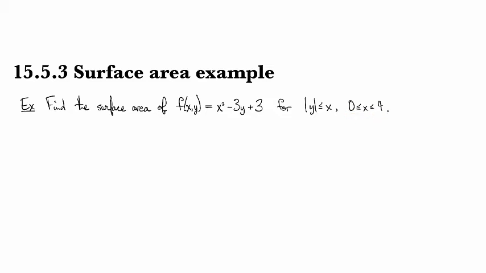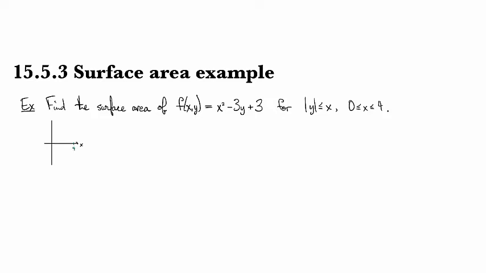So first, it's always nice to get to be friends with your domain. So let's draw a little picture of the domain and see what's going on. We've got x ranging from 0 to 4, so we'll call this 4.